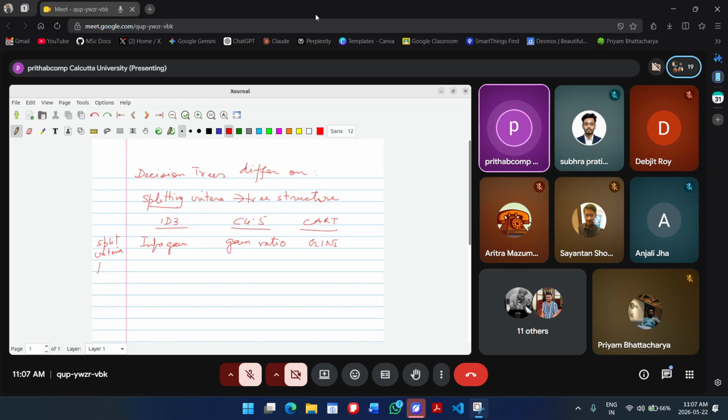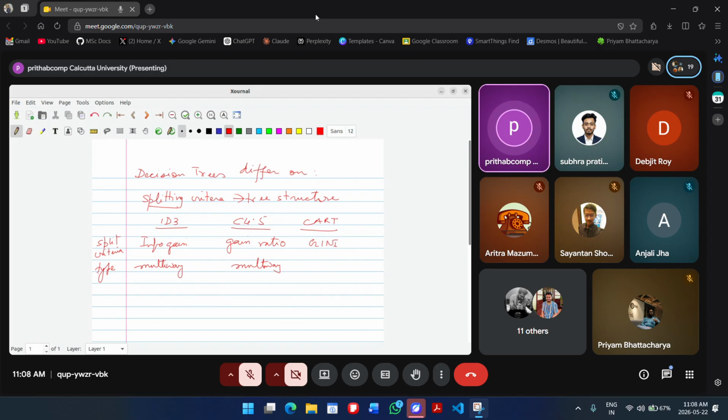Now, if you look at how the splitting is done, in information gain, depending on the values, it is a multi-way split, and this is also a multi-way split, in both the cases, ID3 and C4.5.